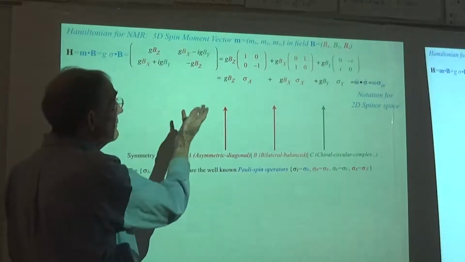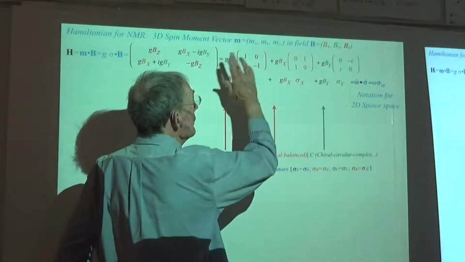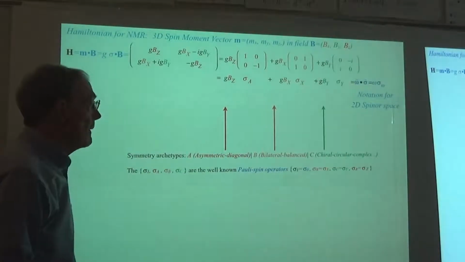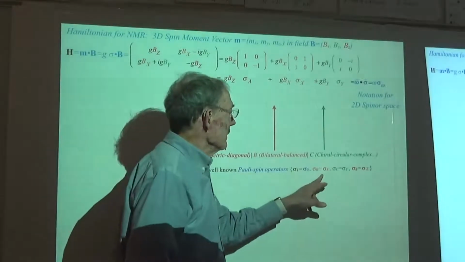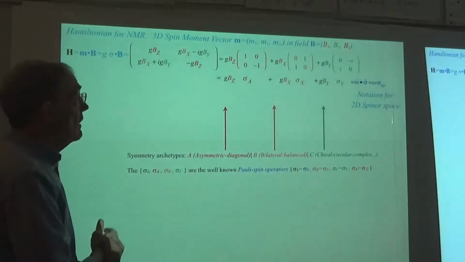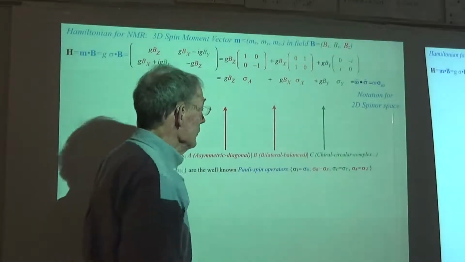And here I'm abandoning for a brief moment the A, B, C that I was using before. I bring it back right there. Okay. So this is the notation for this Hamiltonian in 2D spinor space.